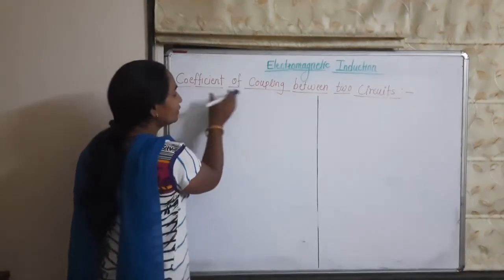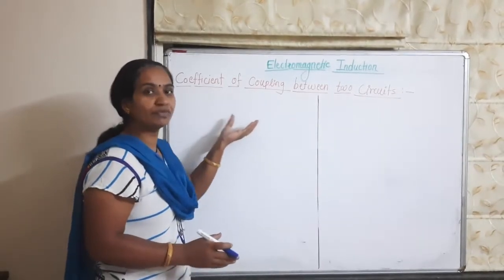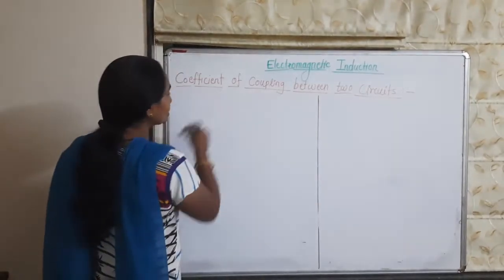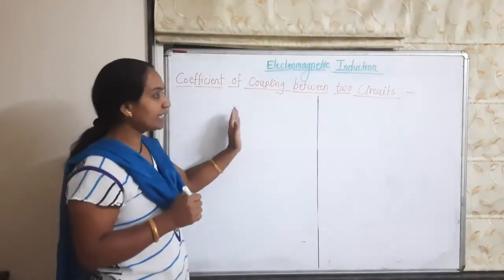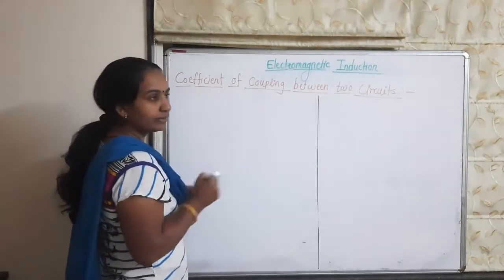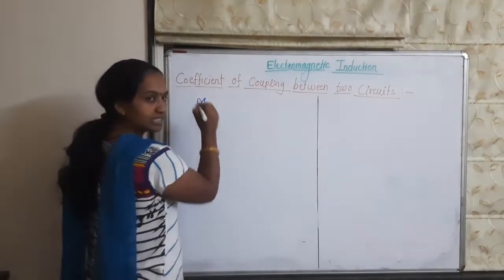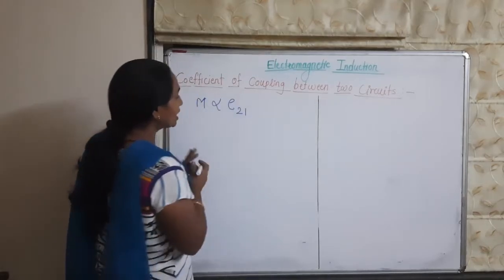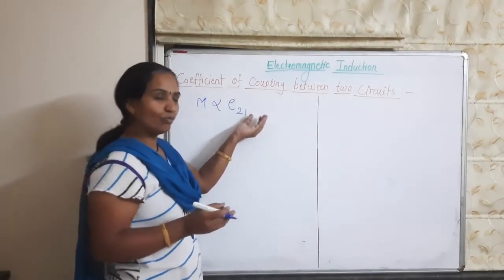Greater the value of the coupling, the greater the mutual inductance will be. Mutual inductance M is also proportional to the voltage developed, means the EMF produced, from coil 2 to coil 1.